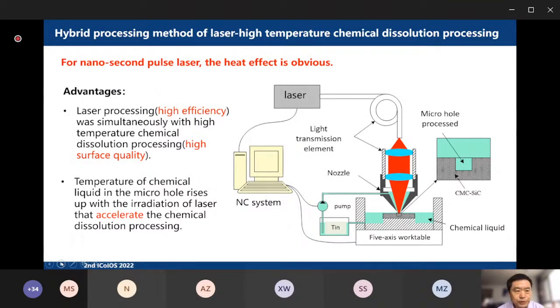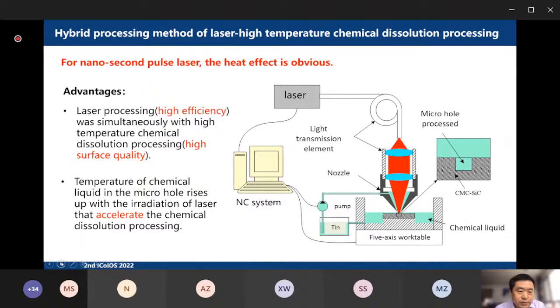Before, we used the femtosecond laser to process a microhole, but for the nanosecond pulse laser, the heat effect is obvious. So we present a hybrid processing method of laser high temperature chemical dissolution processing.